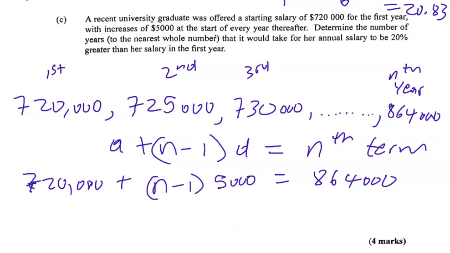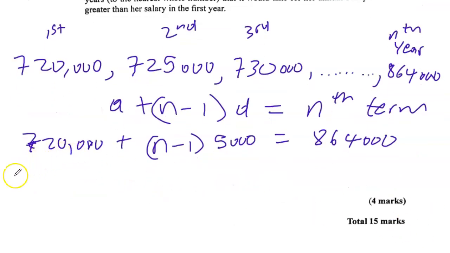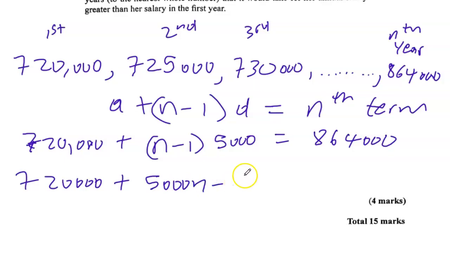So let's expand the bracket and solve for n, which should give us our answer. So 720,000, distribute the 5,000, so we have 5,000 times n, 5,000 times minus 1, equal to 864,000.